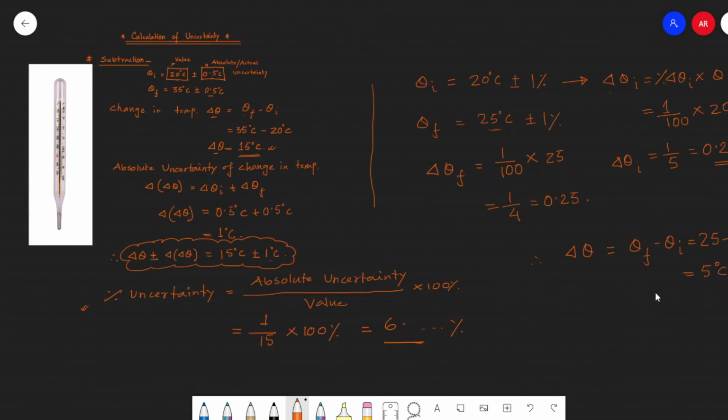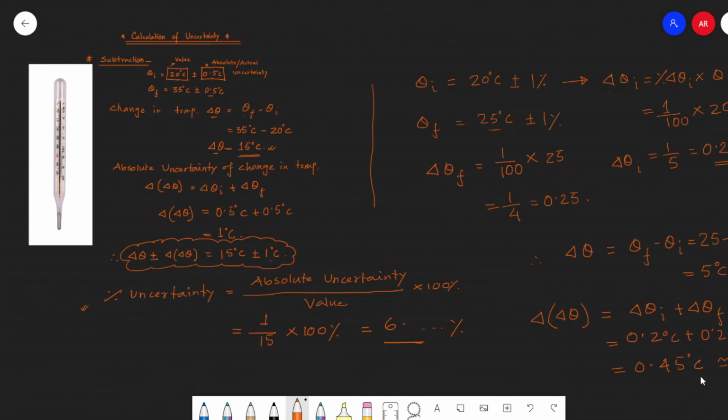And what is the absolute uncertainty of this change in temperature? So del of this del theta is just the absolute uncertainty of theta I plus absolute uncertainty of theta F, which is 0.2 degrees Celsius plus 0.25 degrees Celsius, which is 0.45 degrees Celsius. So in one significant figure, you can also write it as 0.5 degrees Celsius.